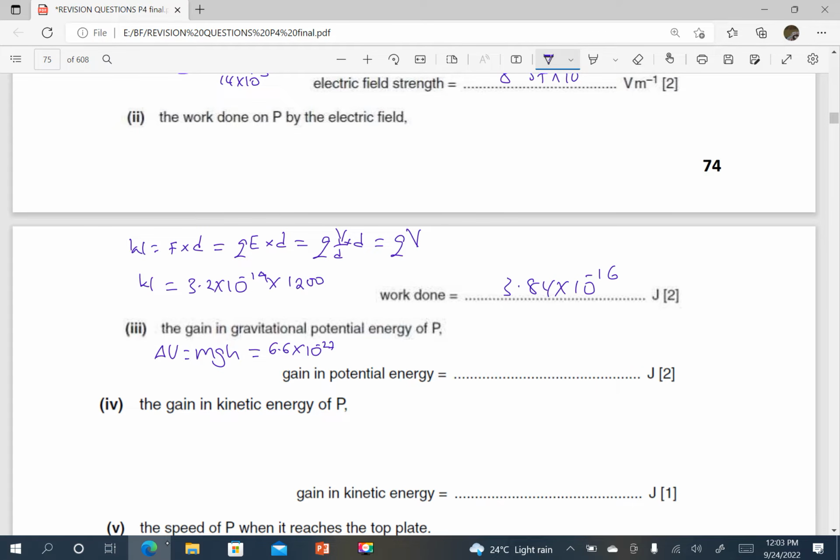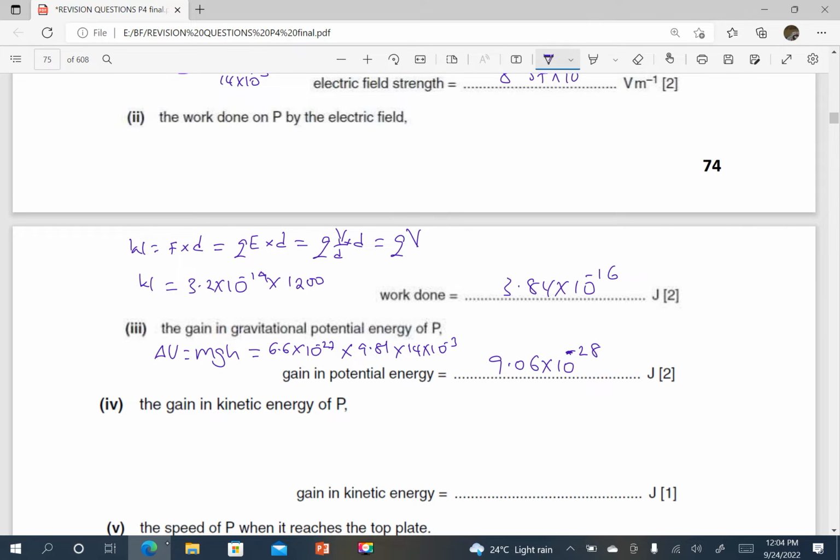You can check on the question. g is 9.81 and h is 14 times 10 power negative 3. I press my calculator, and this is giving me 9.06 times 10 power negative 28 as the gain in potential energy.